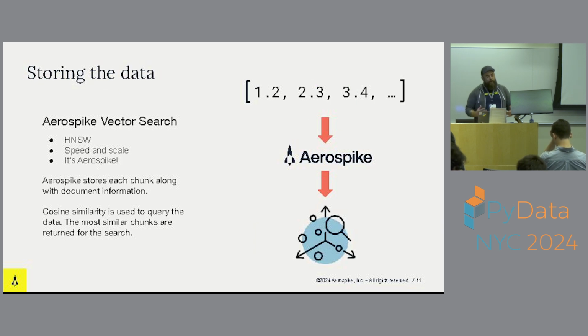All right, so storing the data. Obviously, this is aerospike.com search. Like I said, we want to eat our own dog food, so we are storing the vectors in Aerospike. Aerospike, I said, is a key value store, so that provides the storage backing for the vector service. And the vector service is an HNSW, hierarchical navigable small world, the graph flavor of the approximate nearest neighbor algorithms.